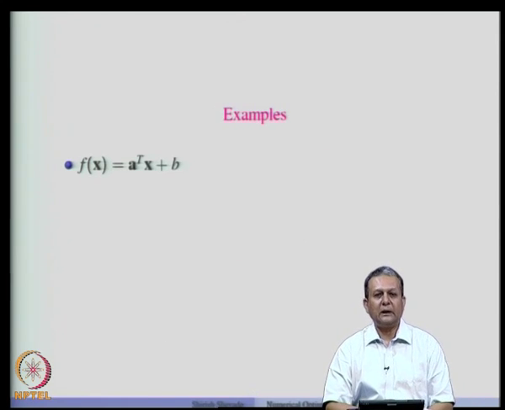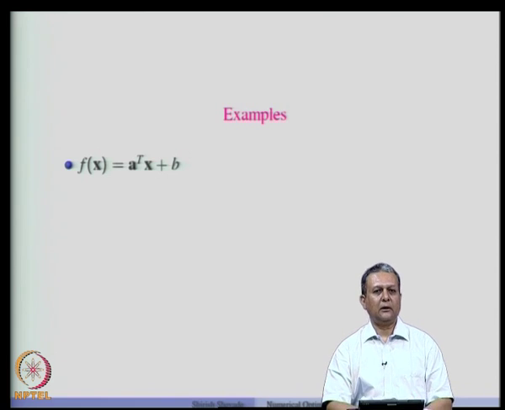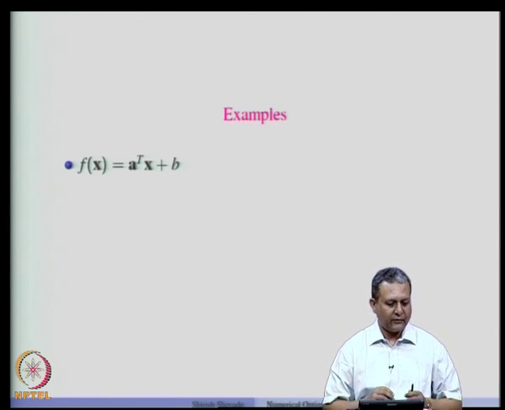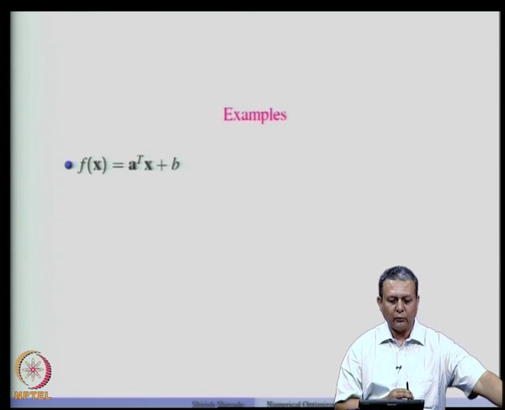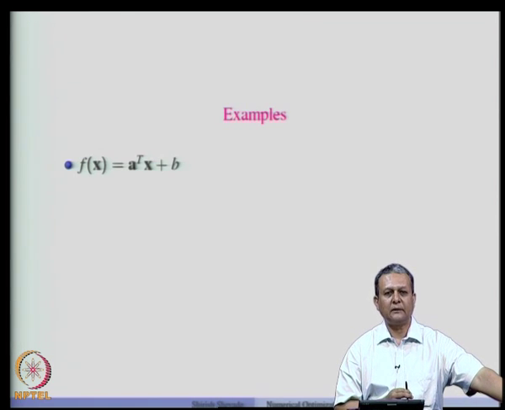Now, let us look at some examples of functions and try to identify whether they are convex or not by drawing their graphs. So, here we have a function f(x) equal to a transpose x plus b.